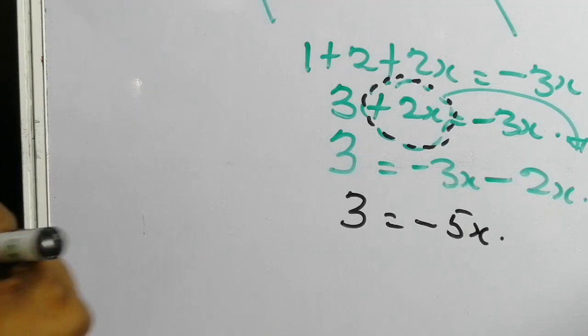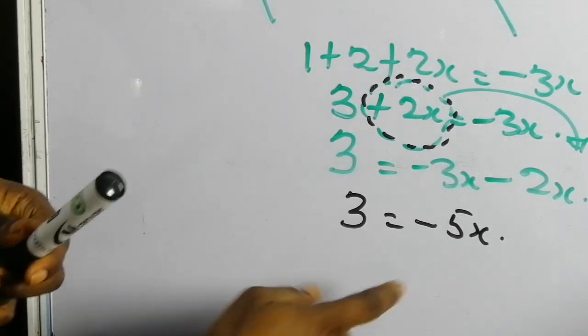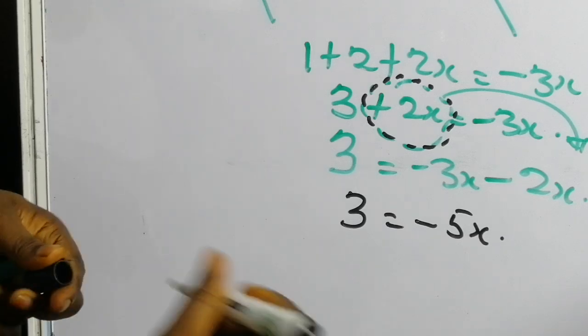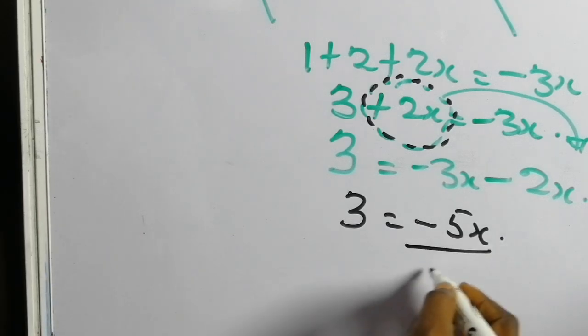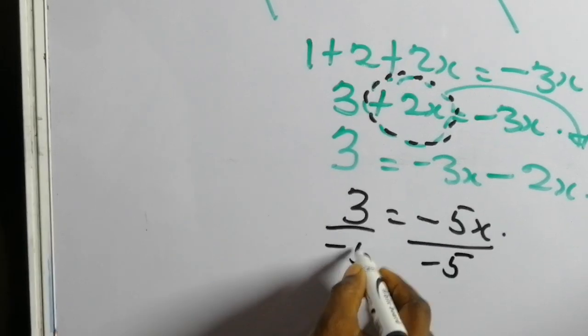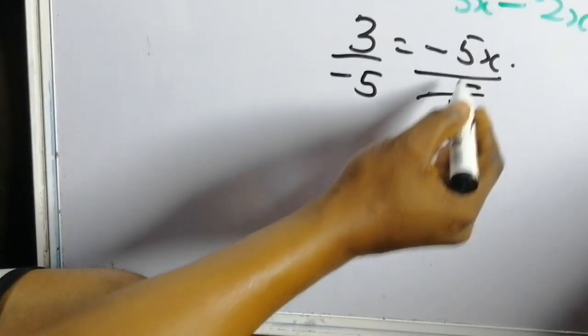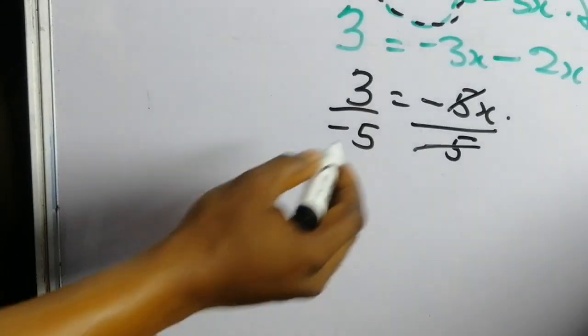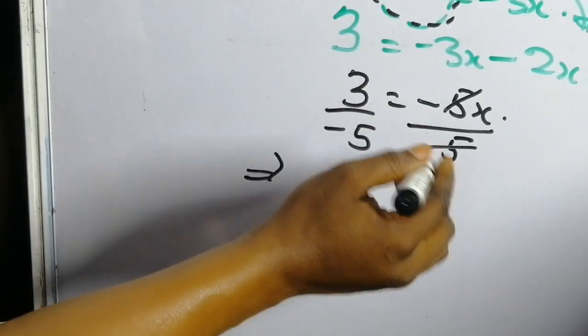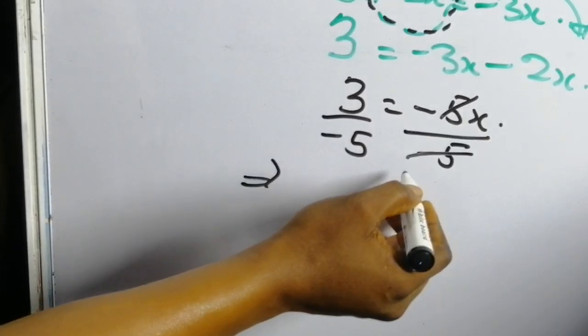So now if you look at this very well, there's minus 5 beside x. I will divide both sides by minus 5. I want to get x because the question says find x. So minus 5 here, we cancel minus 5.